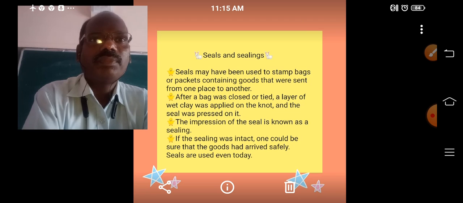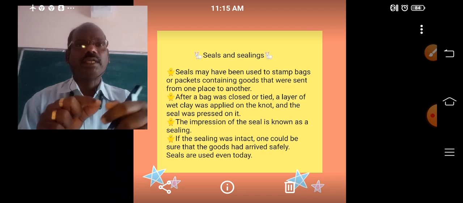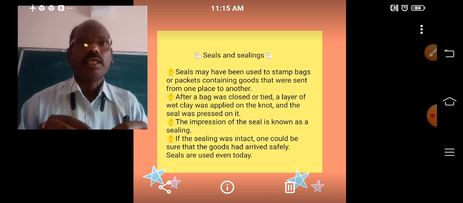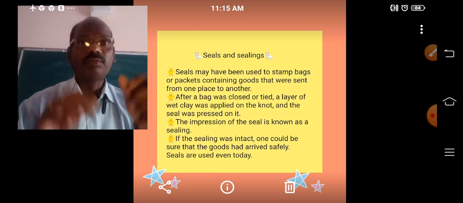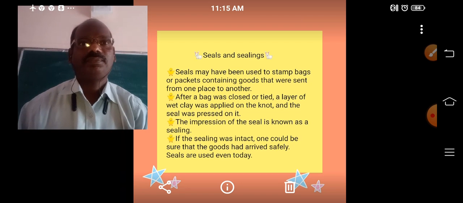How did they seal it? After the bag was closed or tied, a layer of wet clay was applied on the knot of the bag or package, and the seal was pressed on it. First they tie the bag or the package, and where the knot is, they apply the wet clay, and over the wet clay they press the seal.